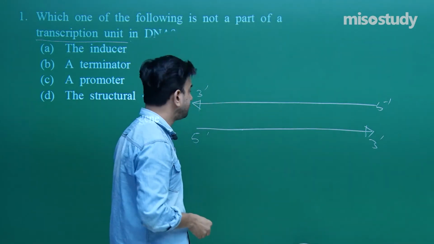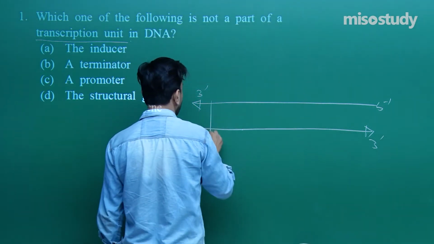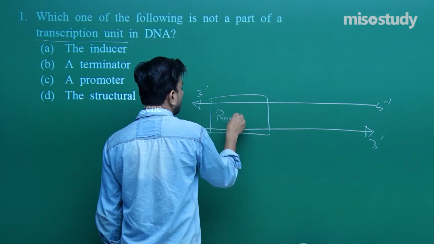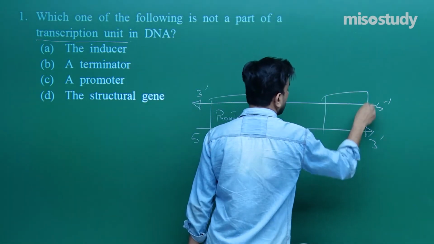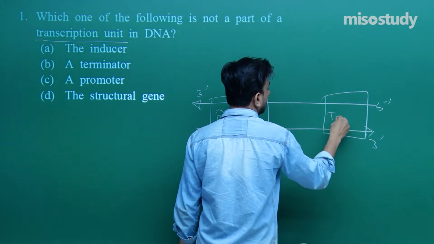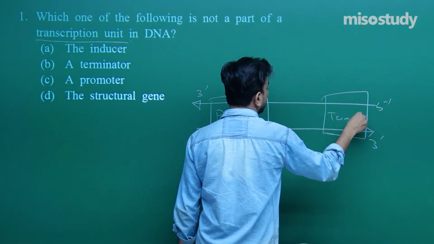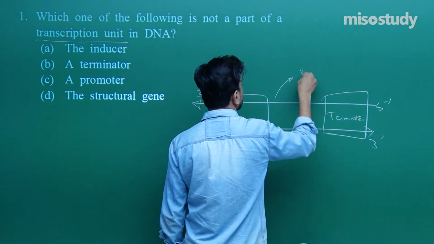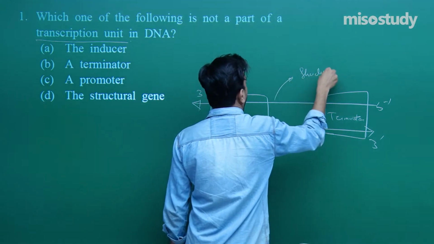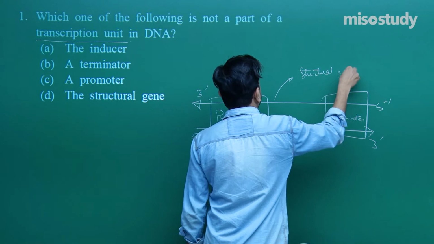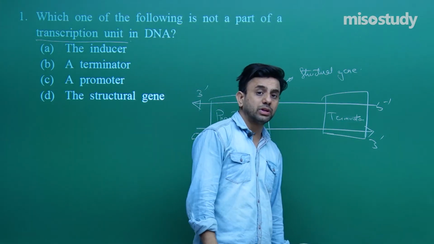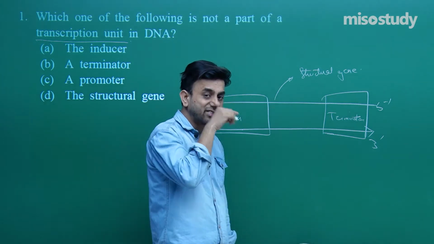Here was the promoter, the terminator, and here was the structural gene. When we talked about the lac operon, the structural genes were Z, Y, A: beta-galactosidase, permease and all those things.